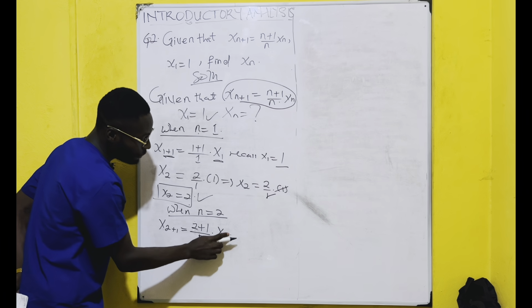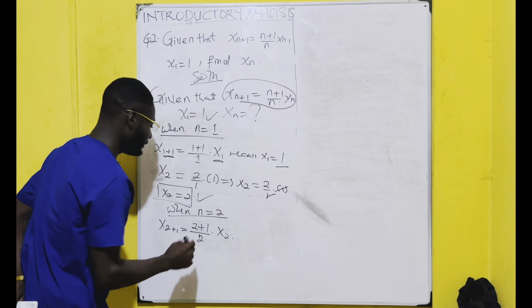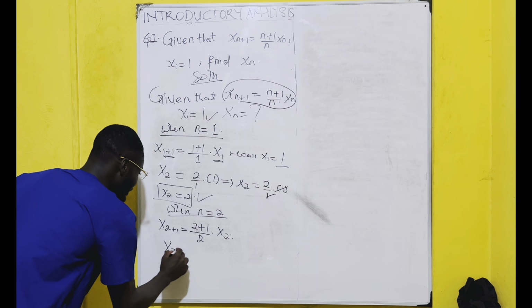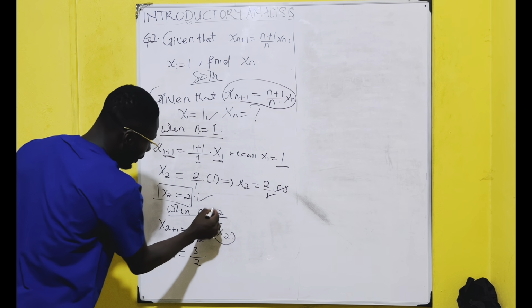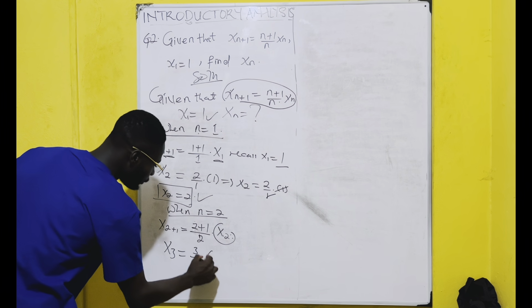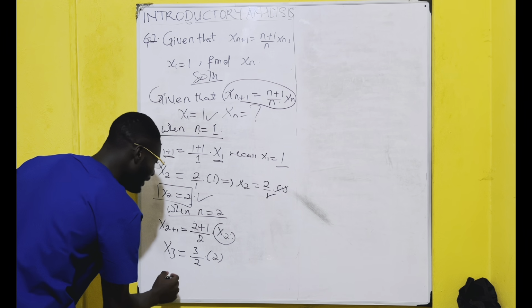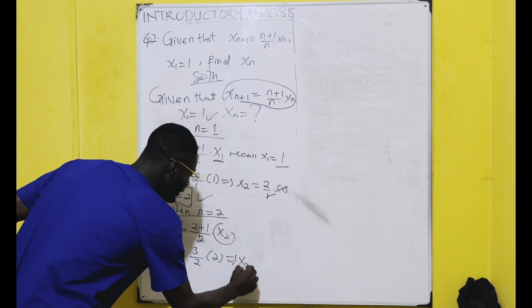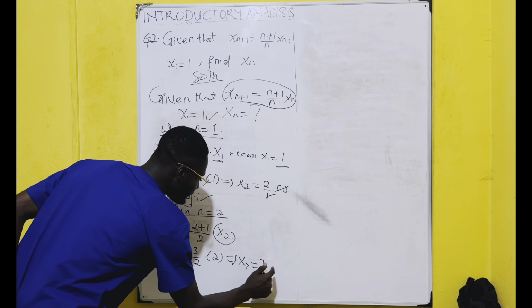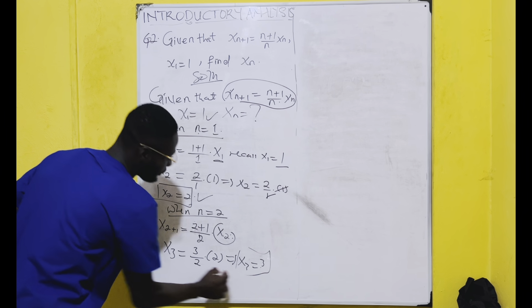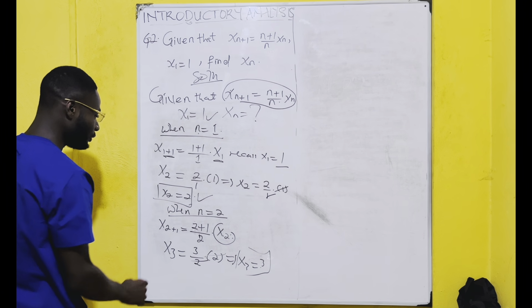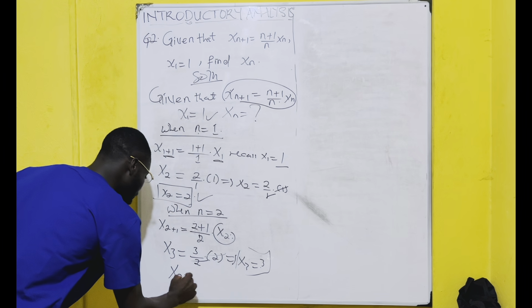Now our n is 2, so we put it there. So we have x3 equals 3 over 2 times x2, which was obtained as 2. So this implies that s3 is equal to 3 over 3. Yeah, it's going to give us 3 because this will cancel, right? So we have s3 to be 3.